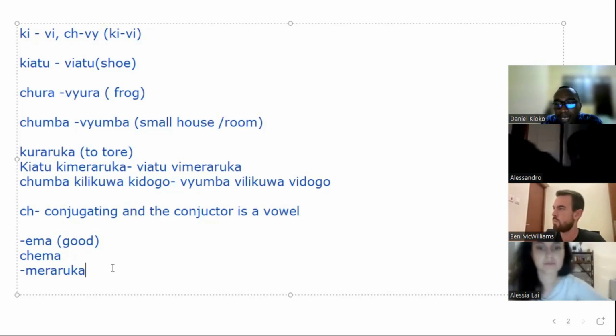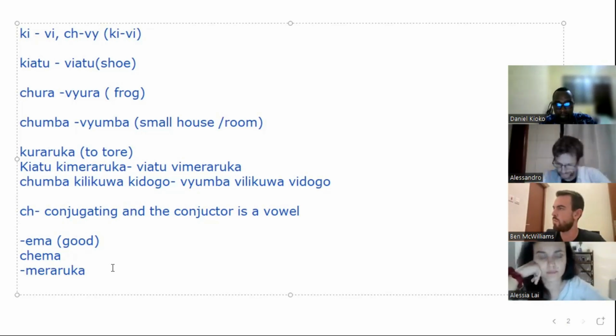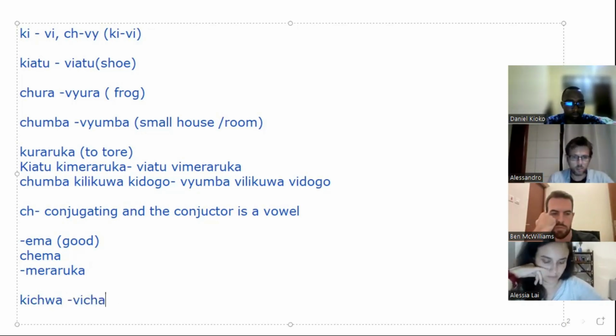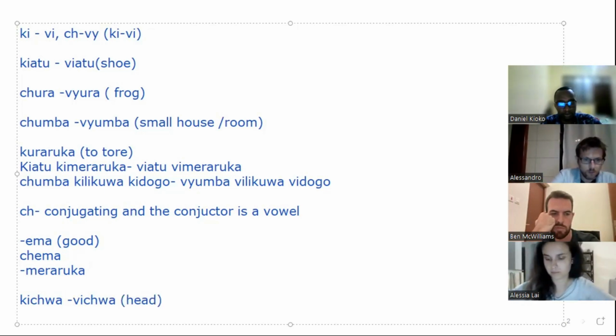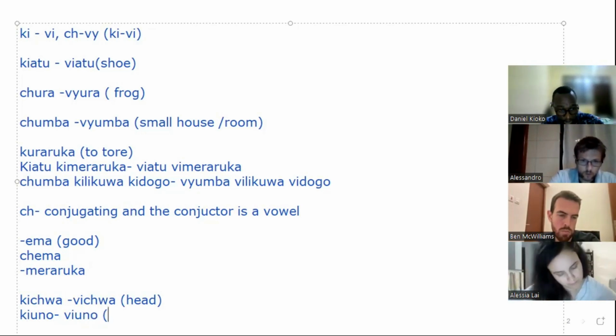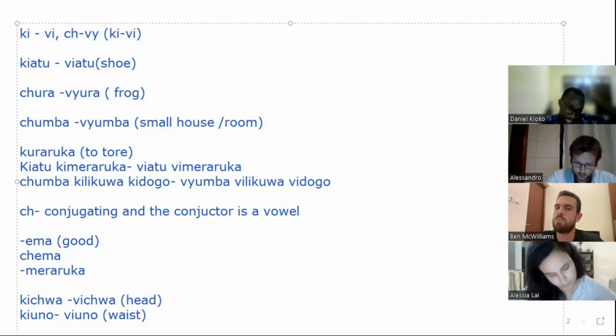And also body parts, like kichwa, vichwa, head, kiuno, viuno. What is this? Waist. And others.